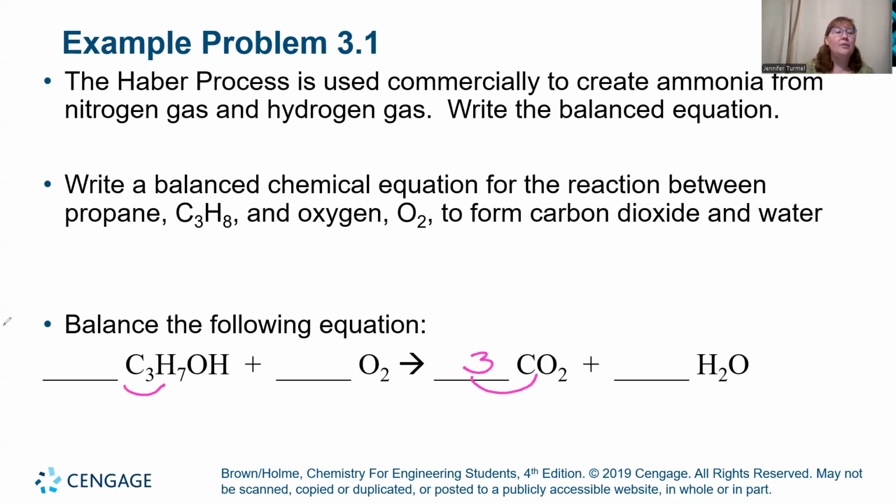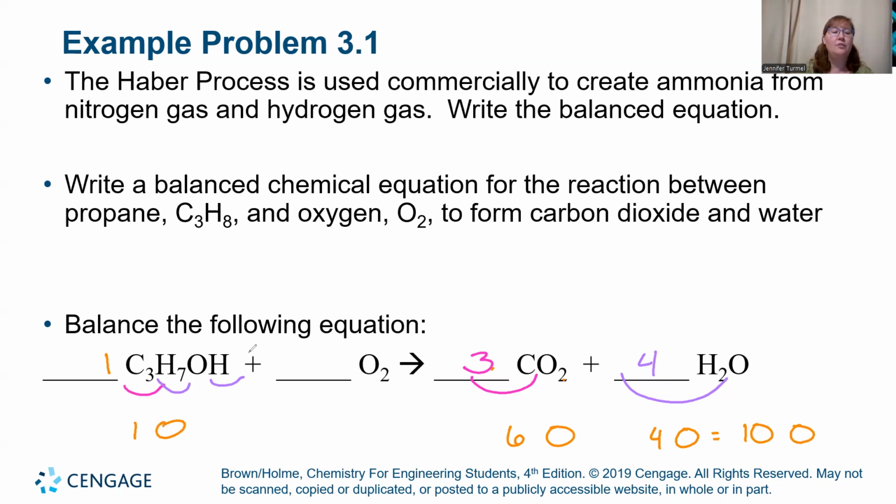Then I notice that I have 8 hydrogens here, so I'm going to put a 4 here to account for that. And I'm going to put a 1 here just so that I don't lose track of it. Now on this side, I have 3 times 2, or 6 oxygens, and on this place, I have 4 oxygens. That gives me 10 oxygens.